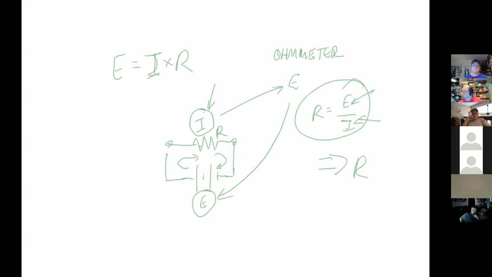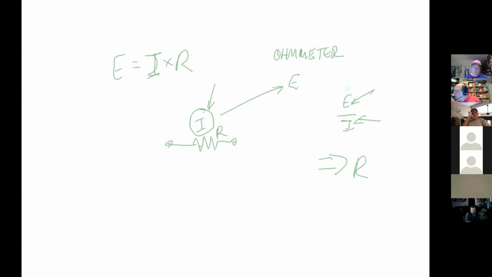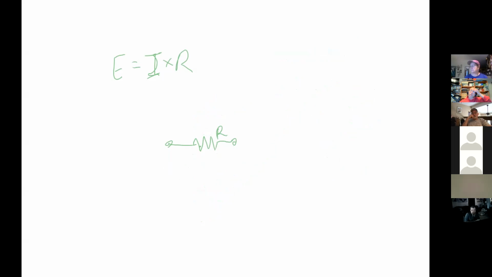Now, the tricky thing here is that it has an E built in. It has a battery built in, which means that in order to actually calculate the resistance properly, you have to have no other sources of voltage in your circuit, which basically means that when you're measuring a resistor, it has to physically be separated from the circuit that you're testing, or the circuit that it's wired into. So you may actually have to remove it from the circuit.